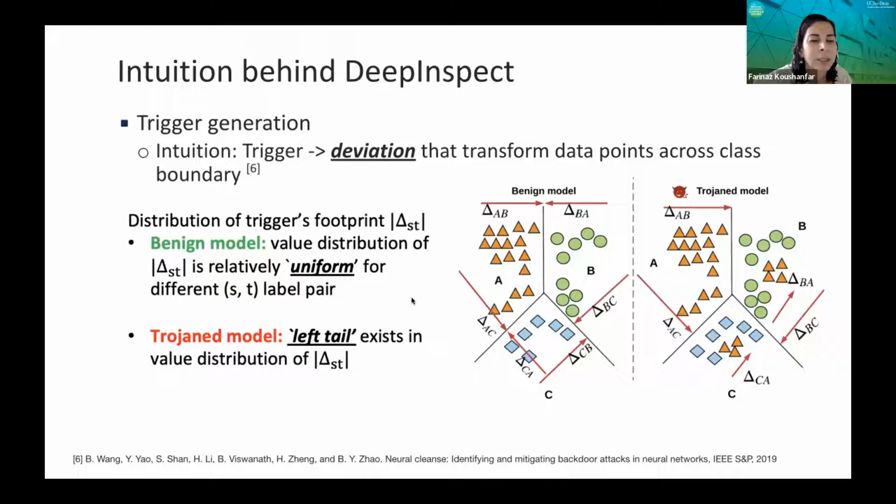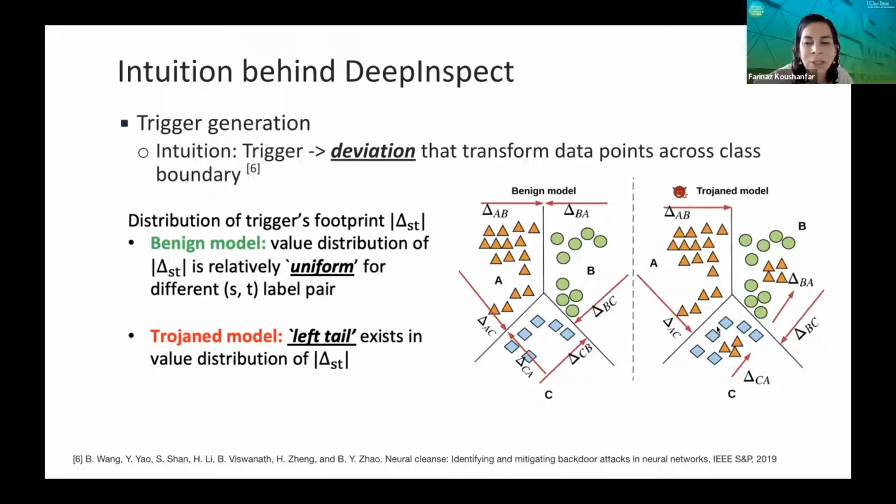In the benign models, as you can see from here, the trigger footprint is such that, if you find the distance to the boundary for these triangular models, the distance to the boundary is fairly uniform for different label pairs.